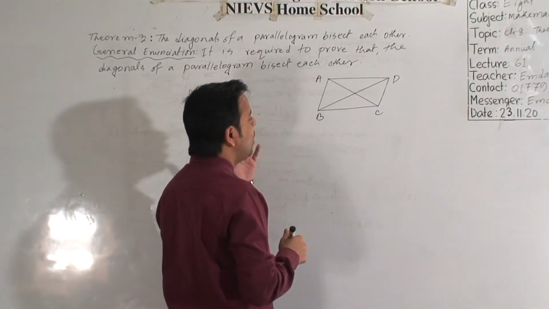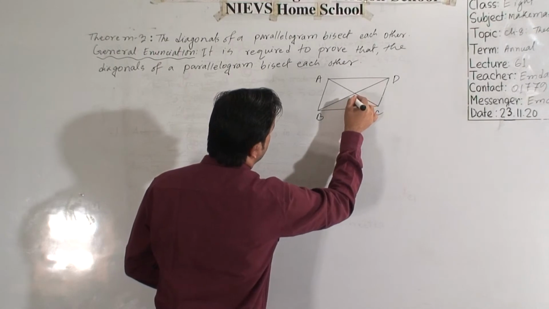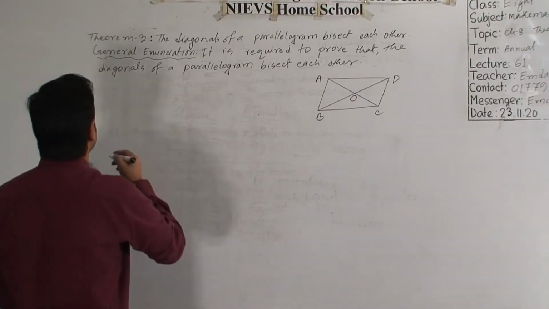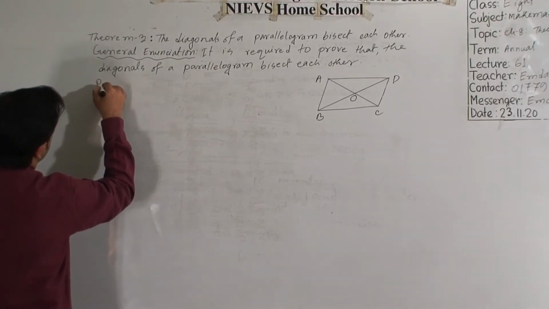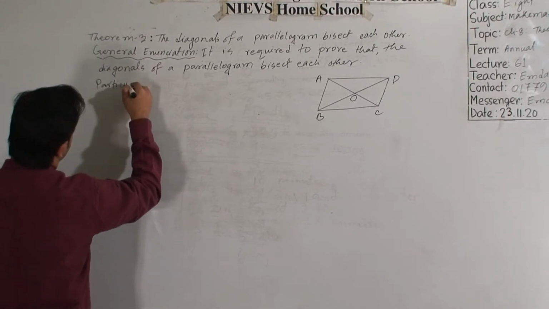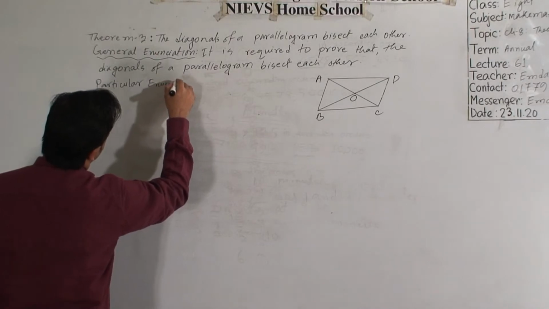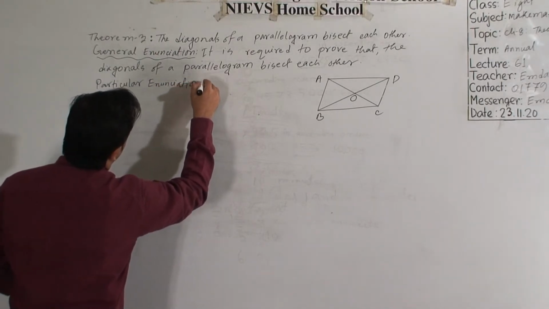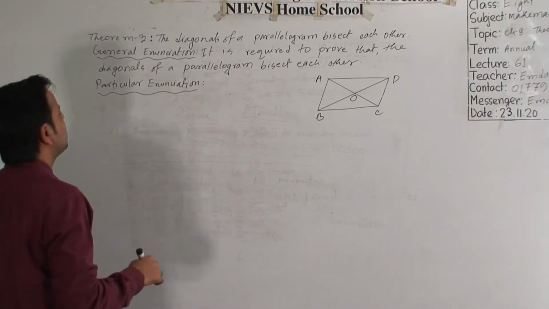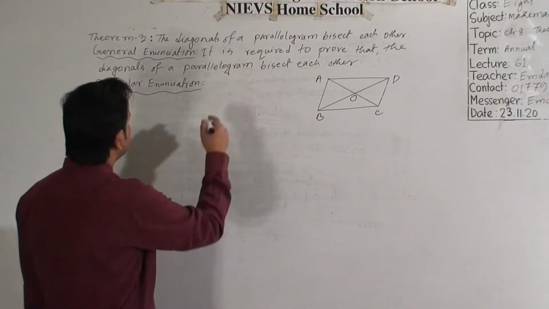These two diagonals intersect each other at O. So we can write the particular enunciation here according to the figure.